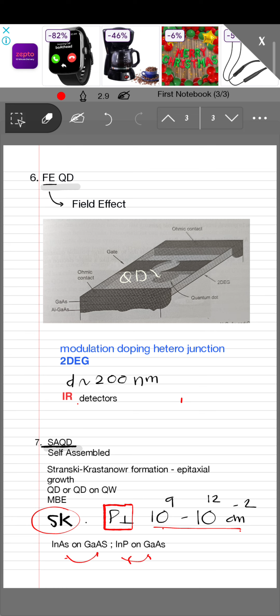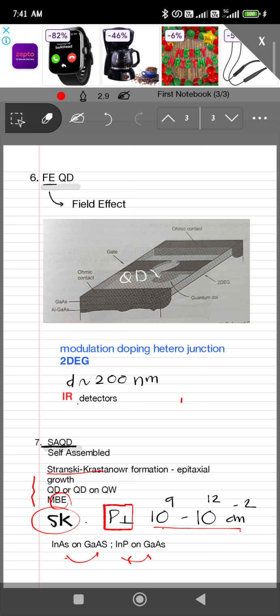This SK growth is island plus layer growth, and it comes into existence by use of some of these techniques, out of which molecular beam epitaxy is the most coveted technique. So you are basically forming a quantum dot on a quantum well. So that's it.